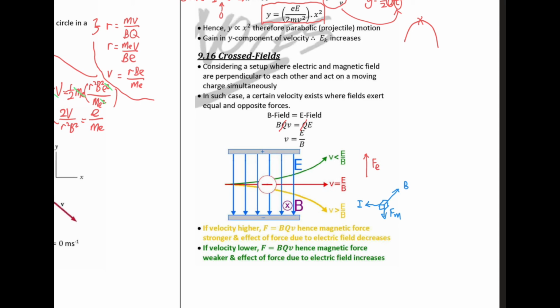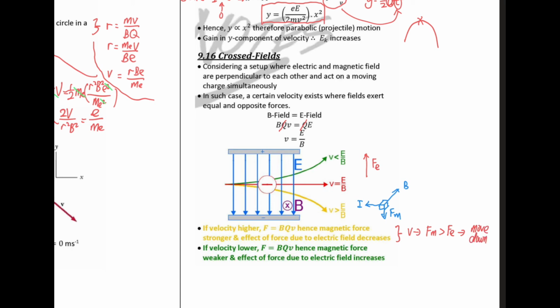So you have a greater magnetic force, making it have a downward motion. The magnetic force is greater because the velocity of the moving charge is greater. So let me make a conclusion: velocity is higher, magnetic force is greater than electric force, then it moves downward.